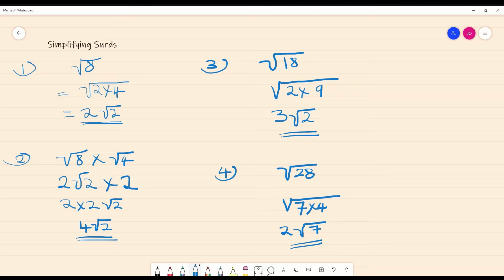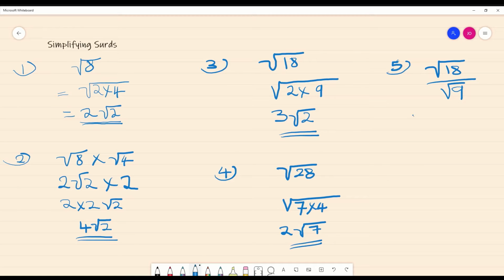So here we have a final example, which is a little bit more challenging than the previous ones. Here we have 18 in the square root, over square root of 9. So looking at this, what we can do is what we've been doing from the first example, which is try to figure out a square number factor.